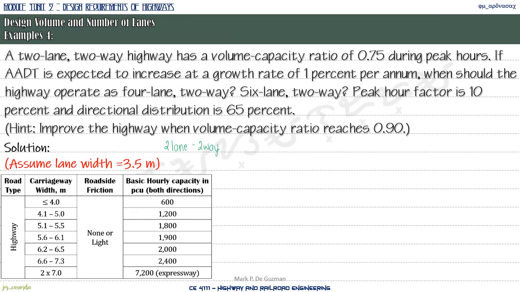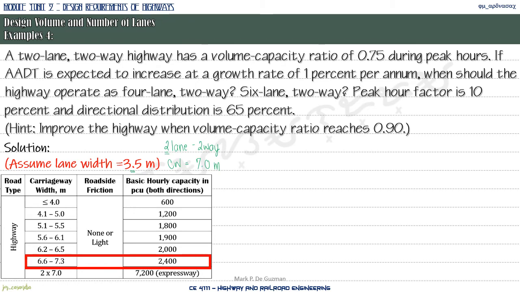So meaning the total carriageway will now be 2 lanes times 3.5 meters, or that's equal now to 7 meters. So in that case, we'll now be using this value for our basic hourly capacity.